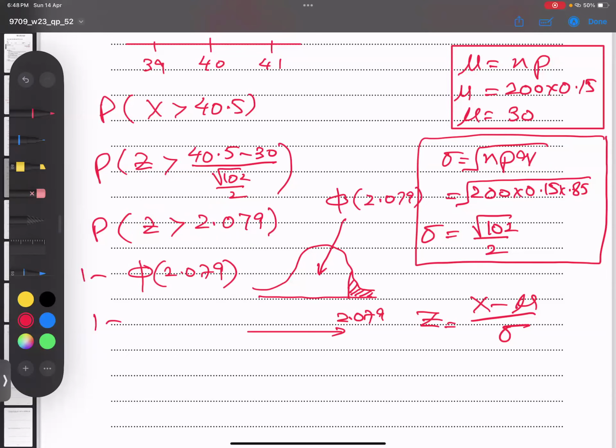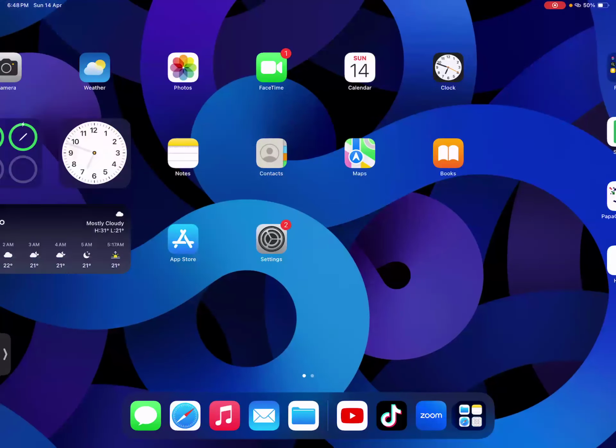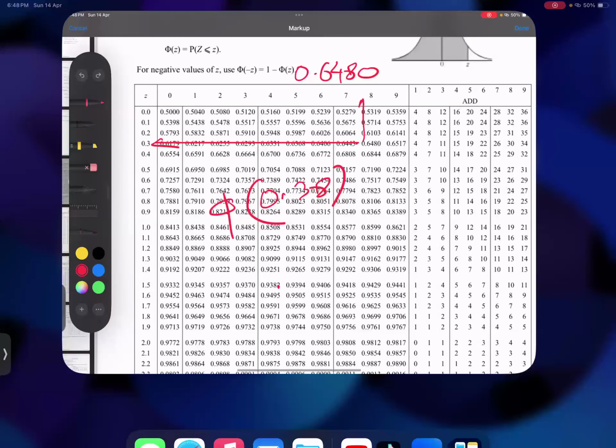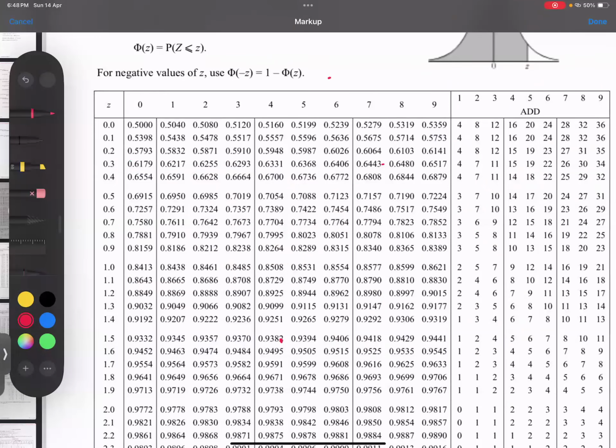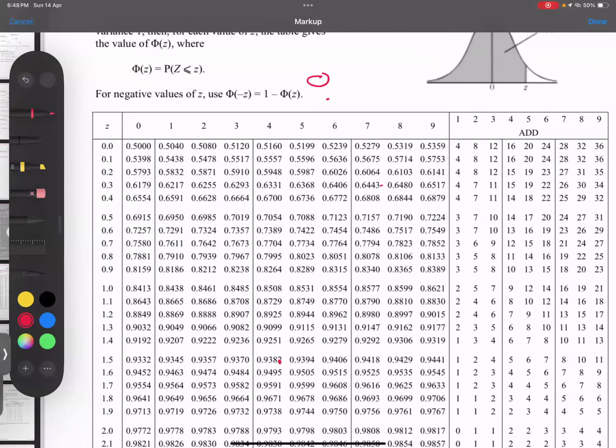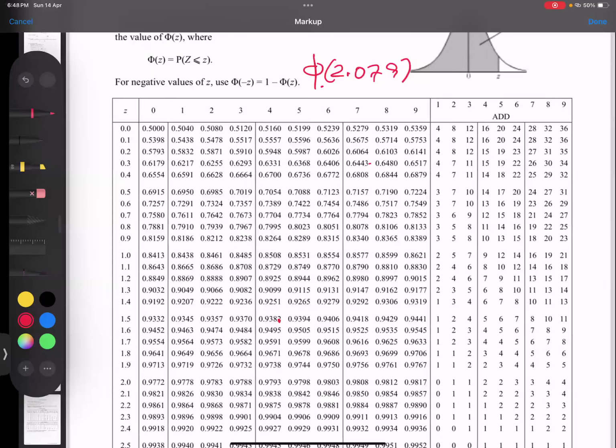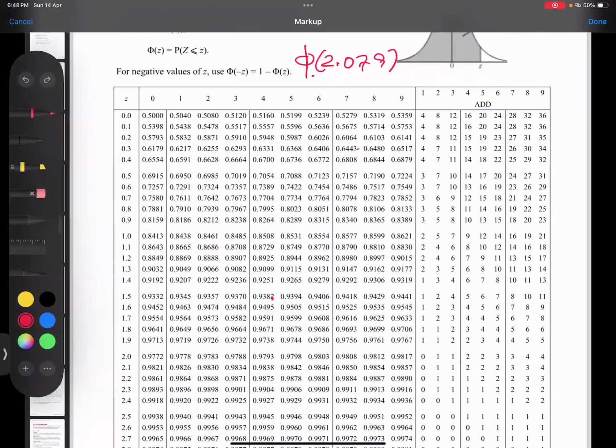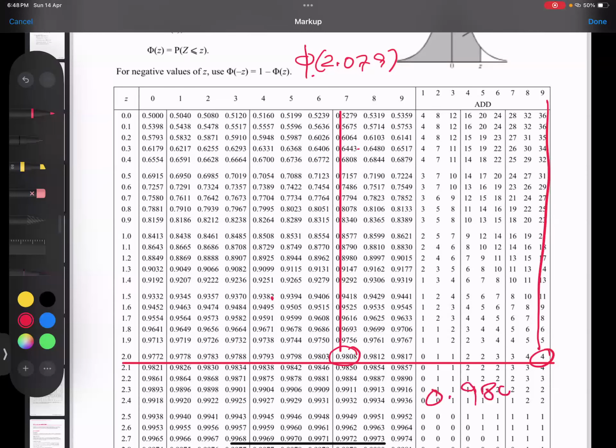Let's find it in the table: 2.0 is here, the 7 comes from here, and the 9 from here, so 0.9808.